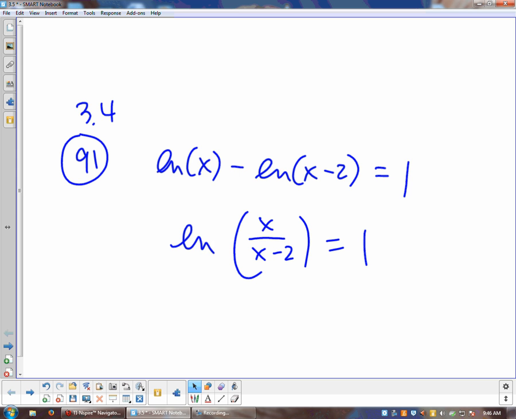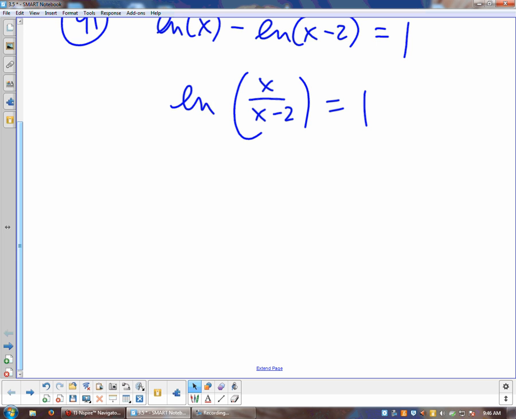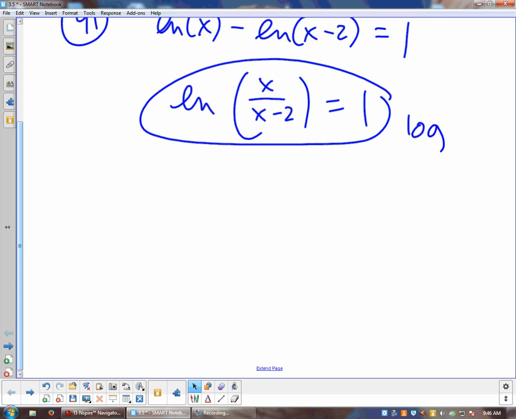And then I would solve this by rewriting this in exponential form. So what's that going to look like? Bailey, how do we rewrite that in exponential form? We're going to rewrite this one, which is currently in log form. We want to rewrite it in exponential form. Was it a plus?